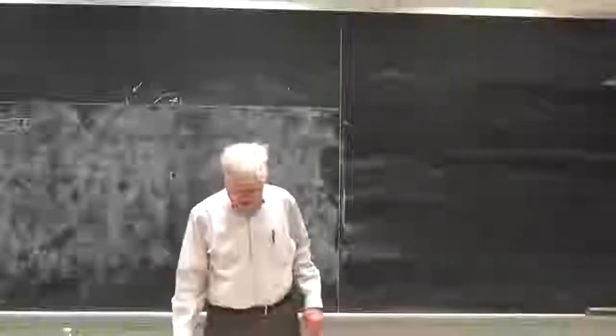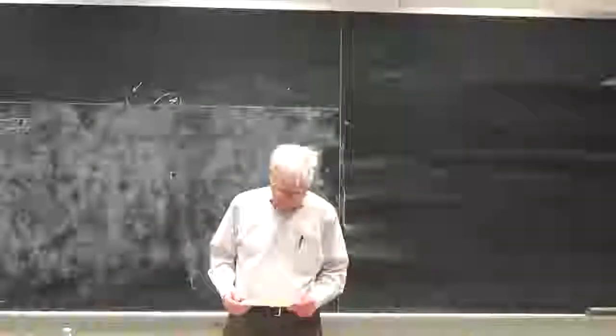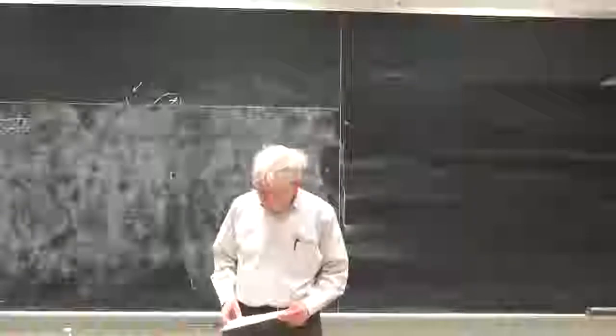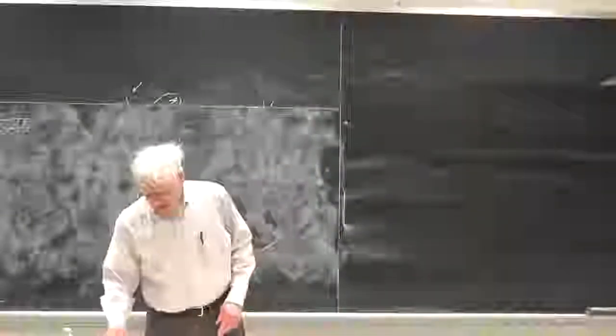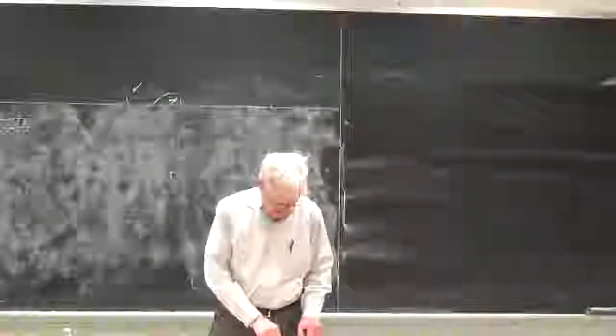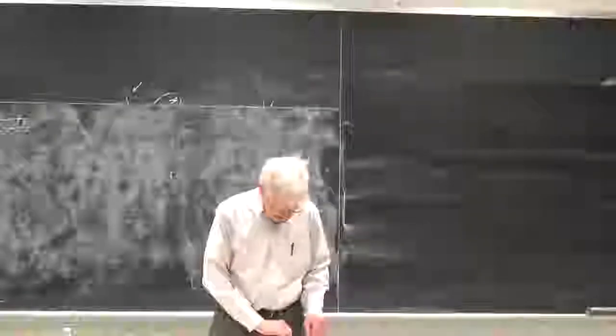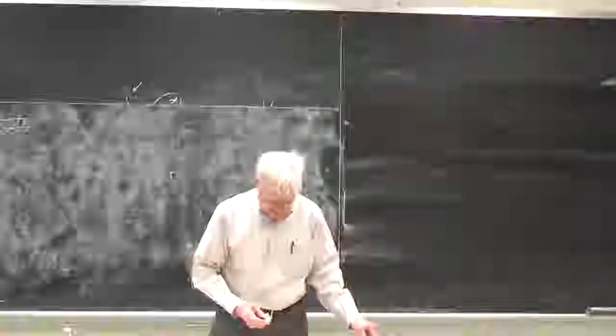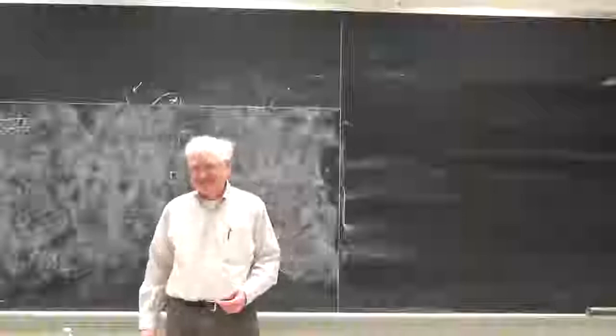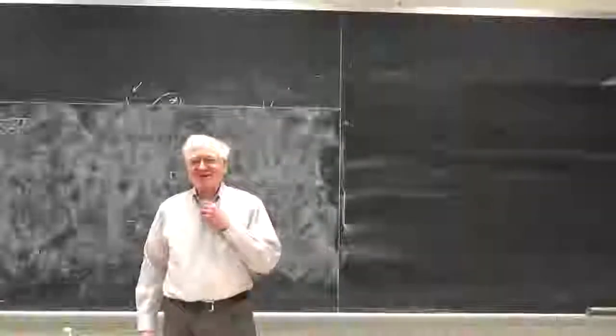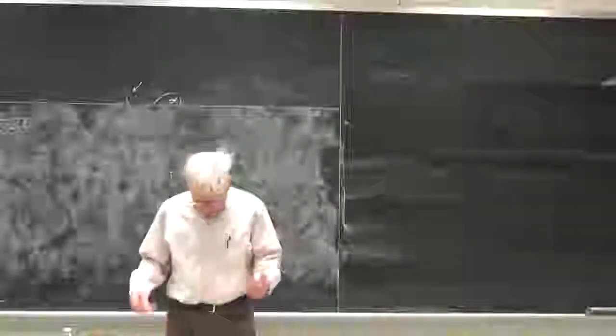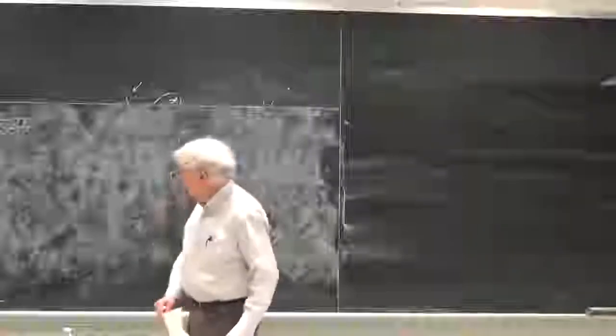Okay, so I'm going to be following Weinberg today. Partly there's the problem that if we use Peskin and Schroeder, they use the wrong metric, so I'd have to change everything.